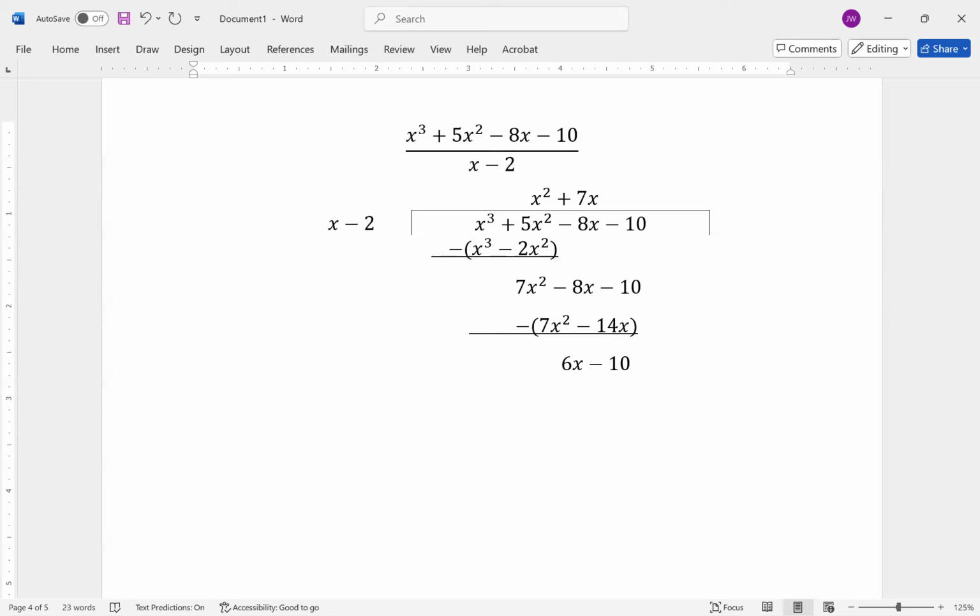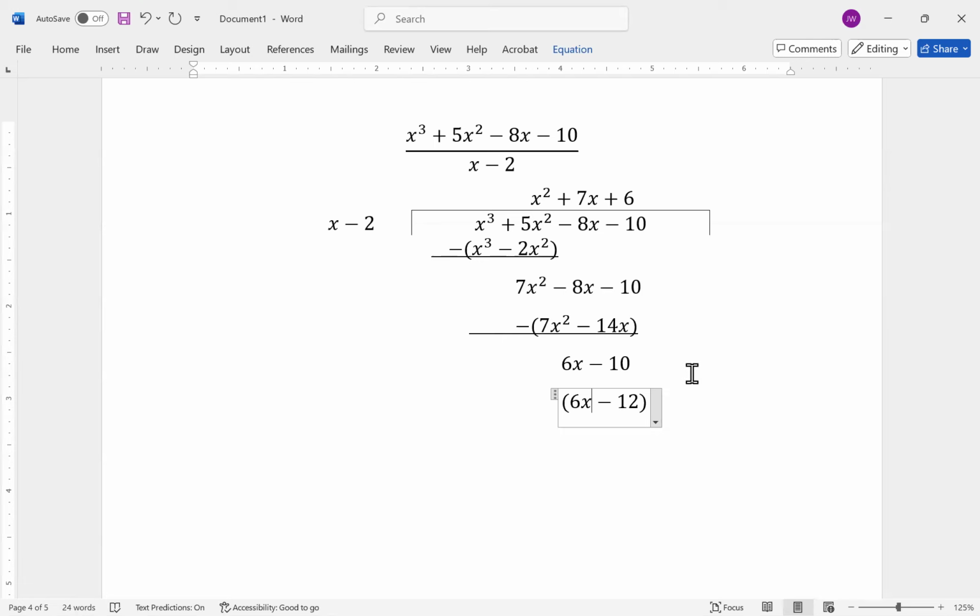And then I go through that process again. I say, what do I need to multiply x by to get a 6x? The answer there is a 6. 6 times x is 6x. 6 times minus 2 is minus 12. That is going to produce 6x minus 12.